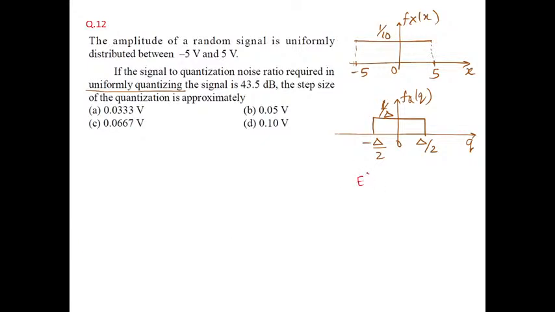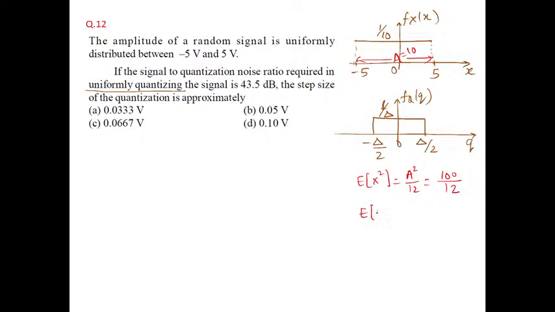So Ex square is simply equal to A square by 12. And what is A? A is the span. The span of this uniformly distributed function is A, so A square by 12 is equal to 100 by 12, because A is equal to 10.